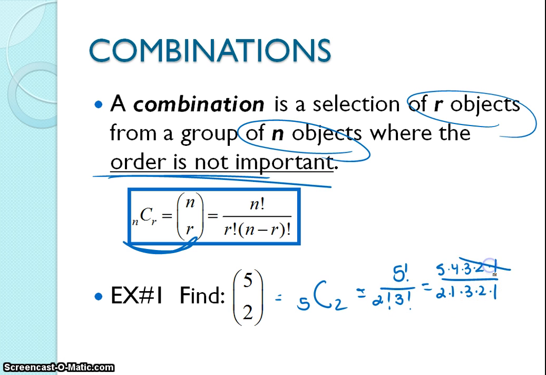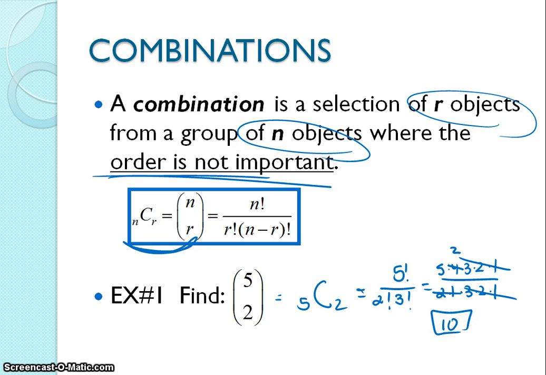Cancel things off. Cancel 3, 2, 1. 2 goes into 4 2 times. So you have 5 times 2, which is 10. So 5 choose 2 is 10, which means, for example, if you had 5 coins and you wanted to choose groups of 2, how many ways can I do it? 10 different groups of 2.